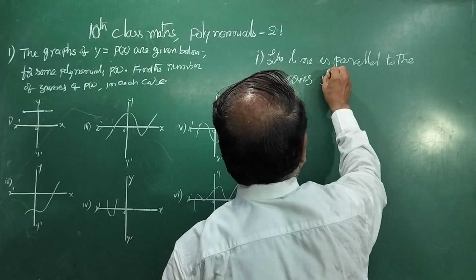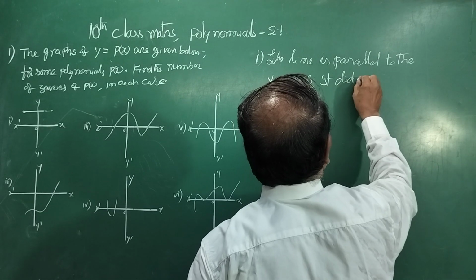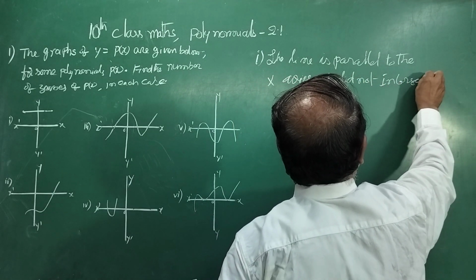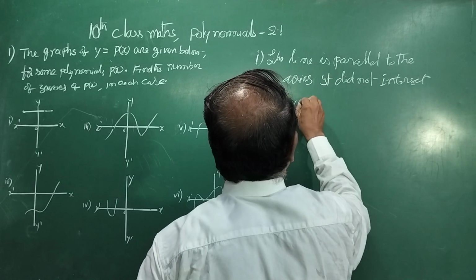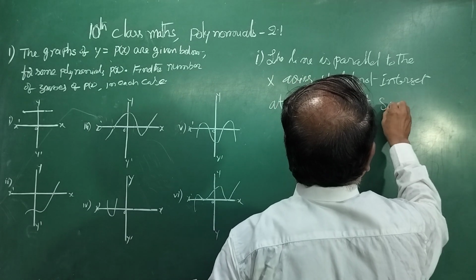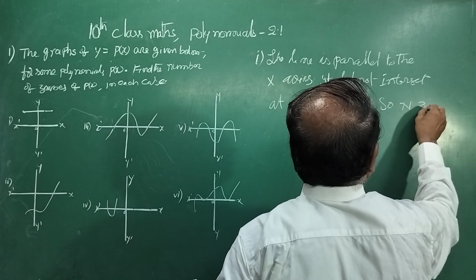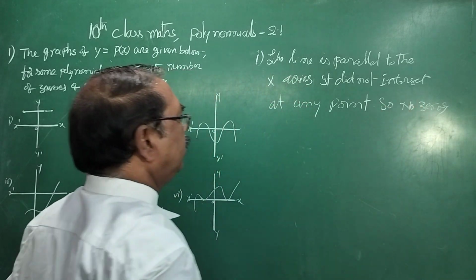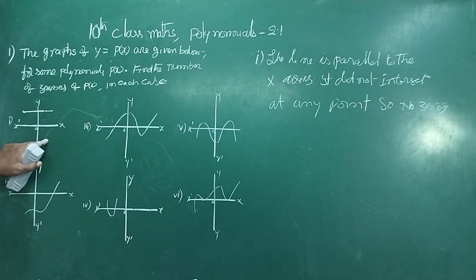It did not intersect the x-axis at any point. So there are no zeros.